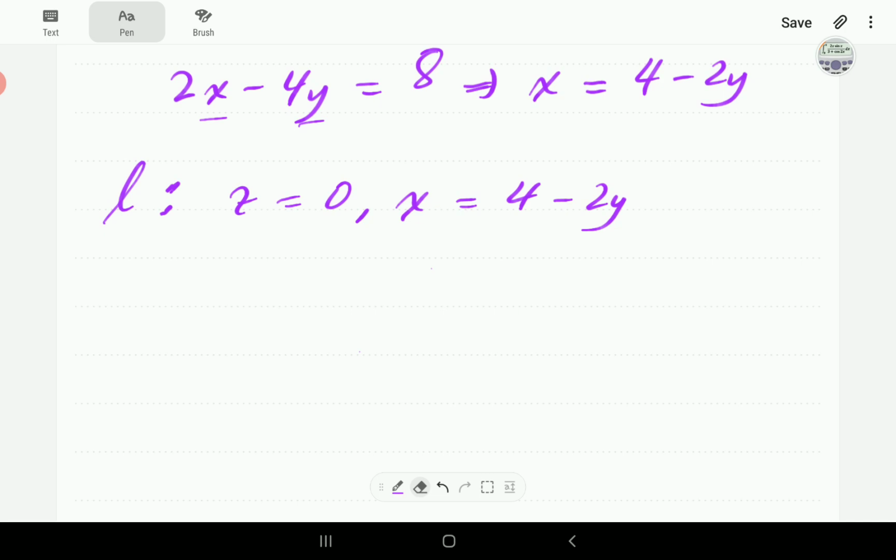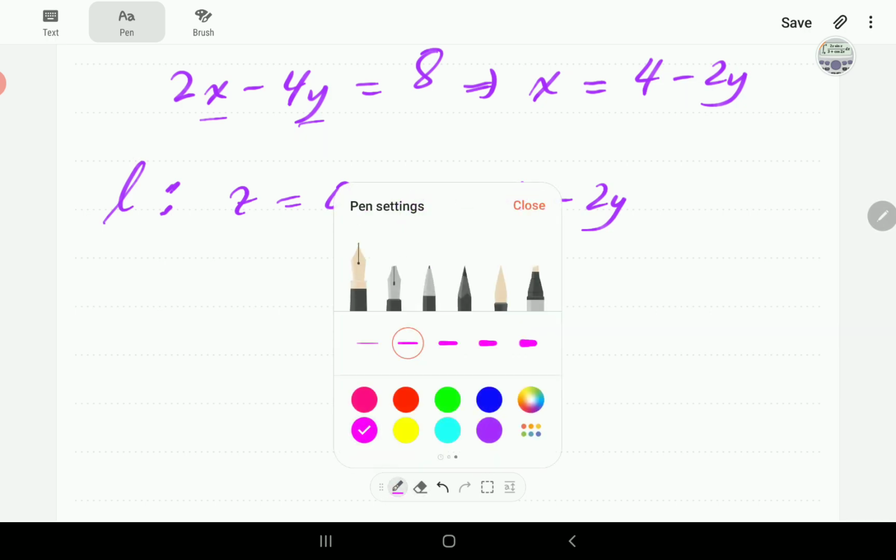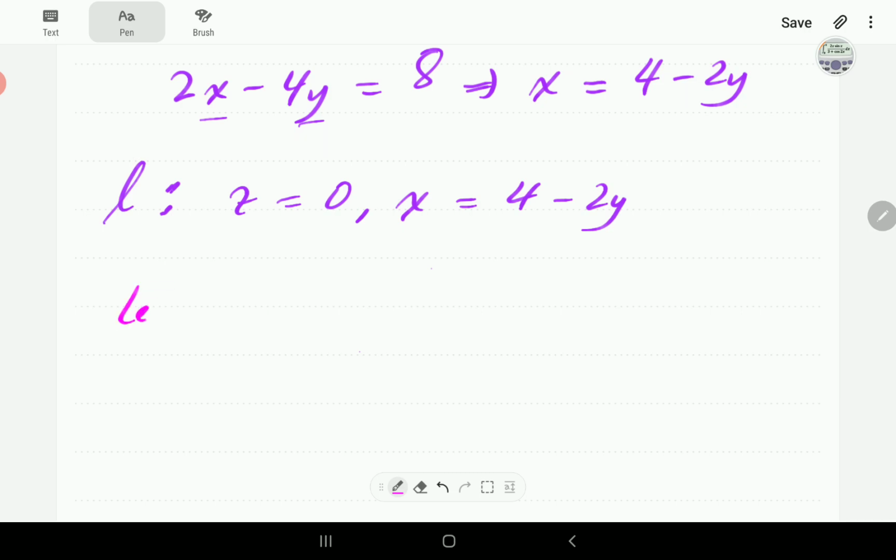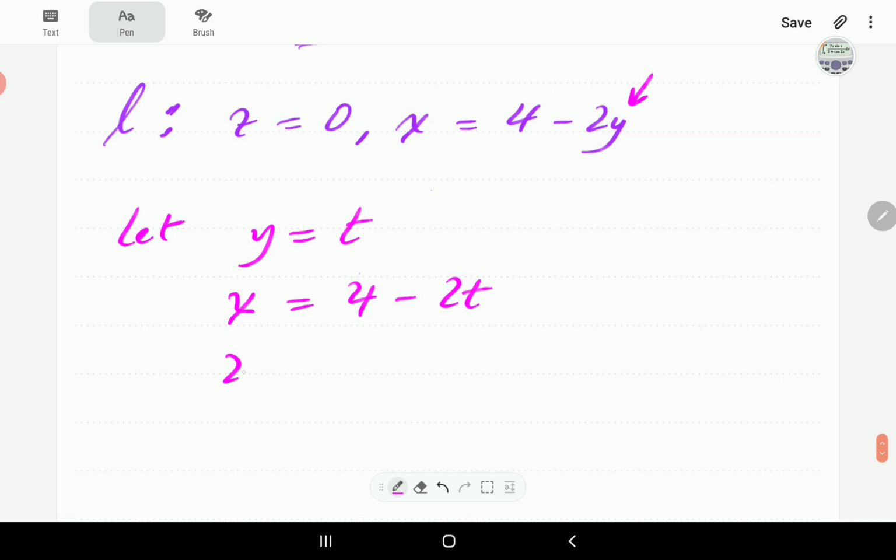We are going to introduce a parameter t. We're going to say let y be the parameter t. That's this y here. Then x is equal to 4 minus 2t. Z we already have here.